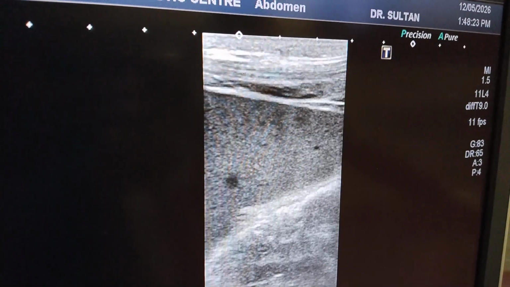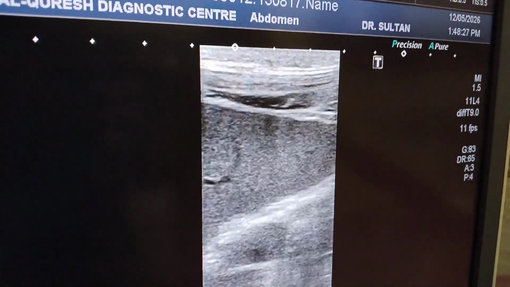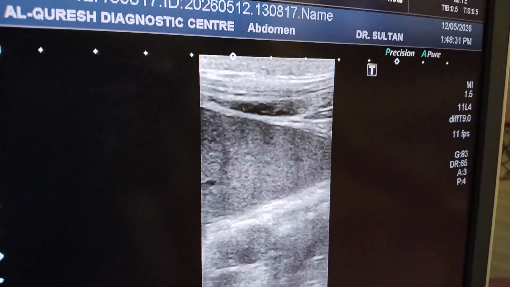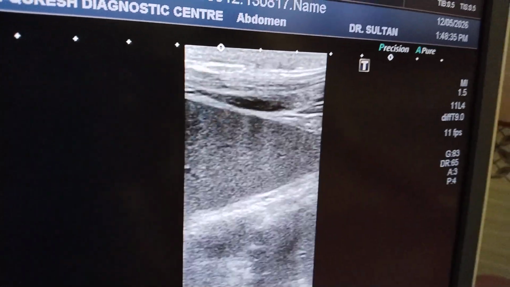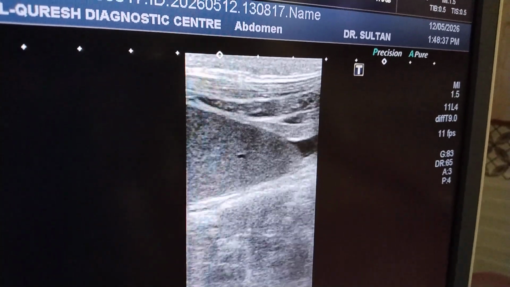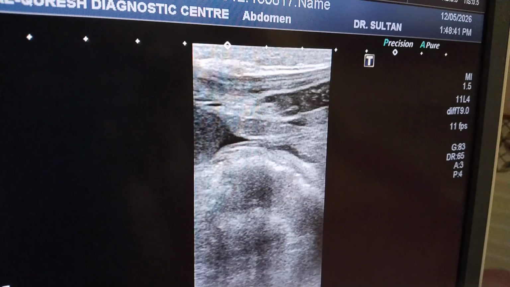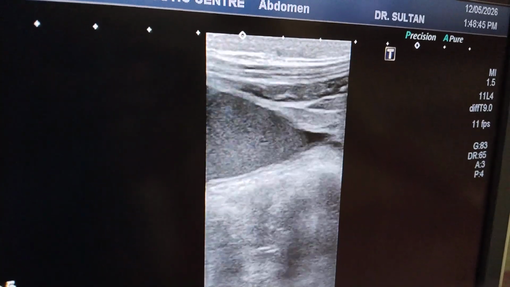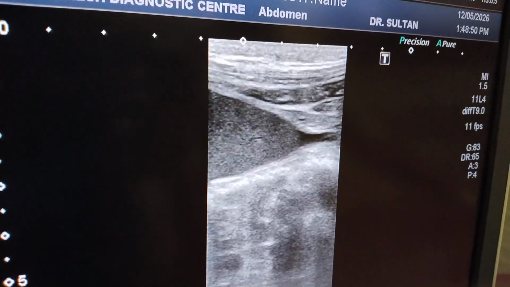So in my opinion, this is the case of renocardiac syndrome with chronic kidney disease, having bilateral small kidney with nephrocalcinosis, and also the congestive cardiac failure.